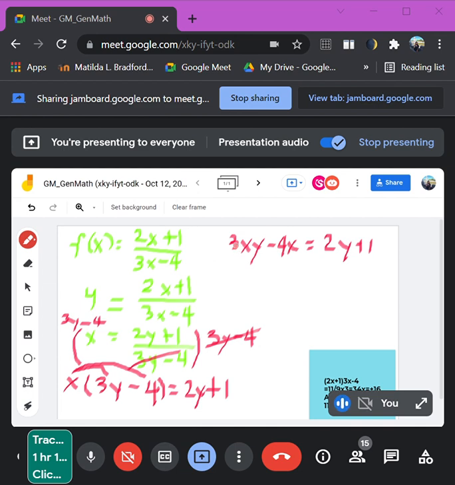So, we have here kaning 3xy. Then, atong i-partner diri ang negative 2y. So, nganong ato siyang gibuhat? Kay para ma-separate na nato ang ato ang y. Kay y man atong goal ani. So, ang negative 4 mahimo siyag positive 4x and then plus 1.